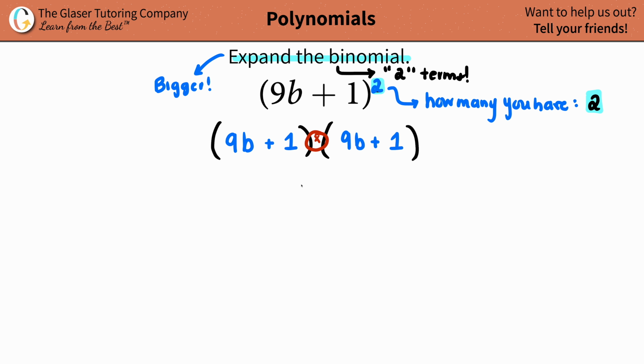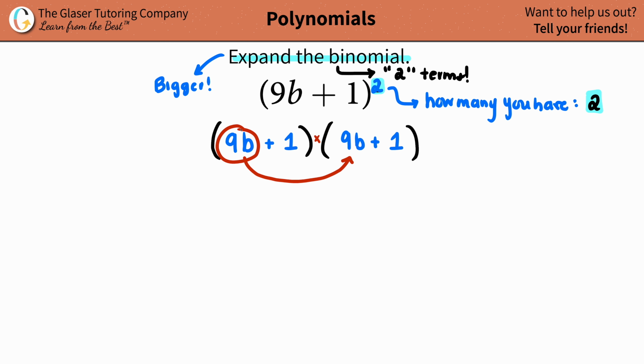We know that we have to multiply, but never multiply the things that are in the same parenthesis because it clearly states that it's being added, in this case. So we must go across the parenthesis, across the pond, to the other parenthesis. So we're going to be multiplying 9b with 9b, but here's where the fairness comes. You must exhaust all options.